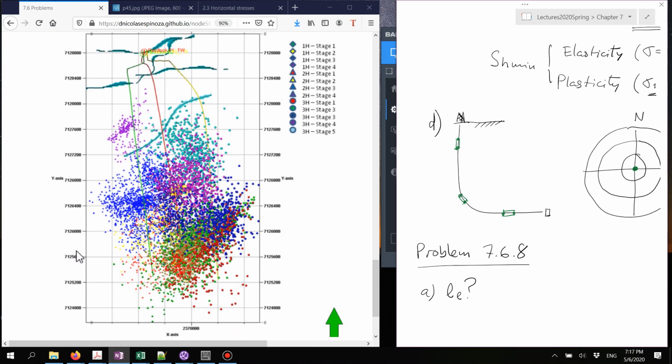Here, this is a distance in feet. This grid is exactly 400 feet by 400 feet.